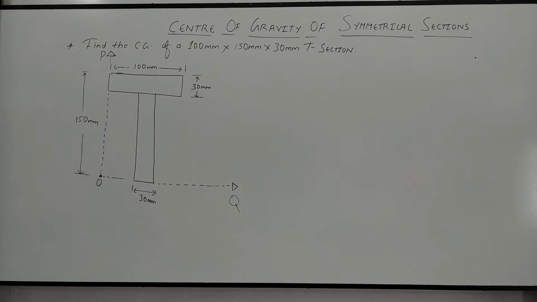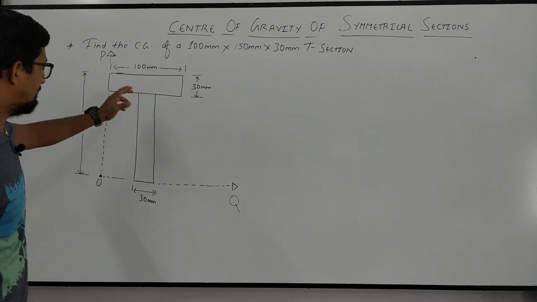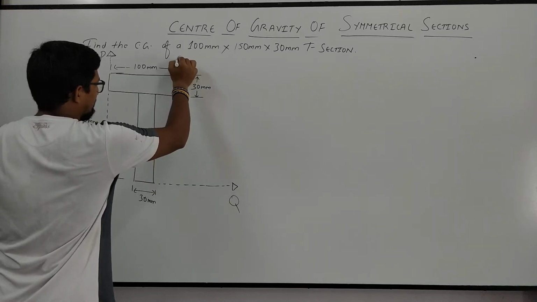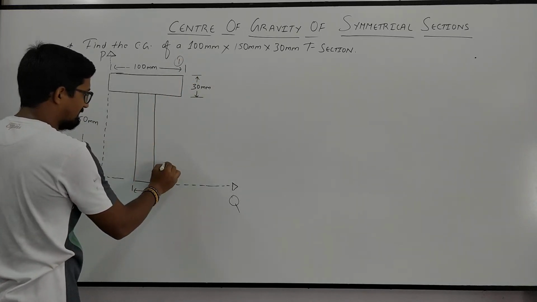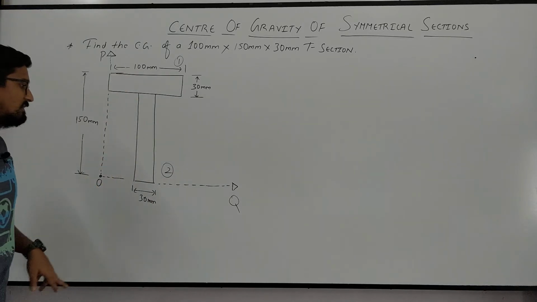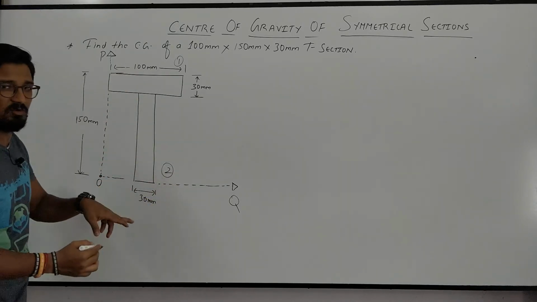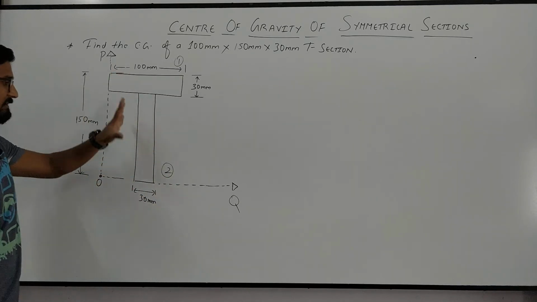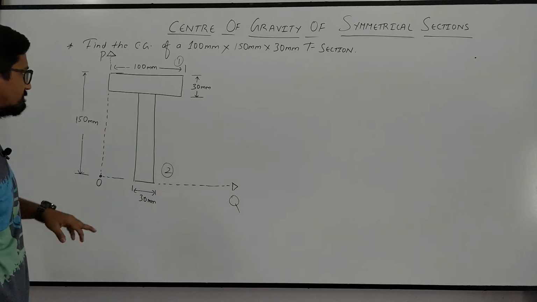Now we have to divide this figure into sections. Suppose I divide the first rectangle as section 1 and the second rectangle as section 2. Suppose there is an I section, then the bottom flange will be called section 3. So I have divided it into 1 and 2.